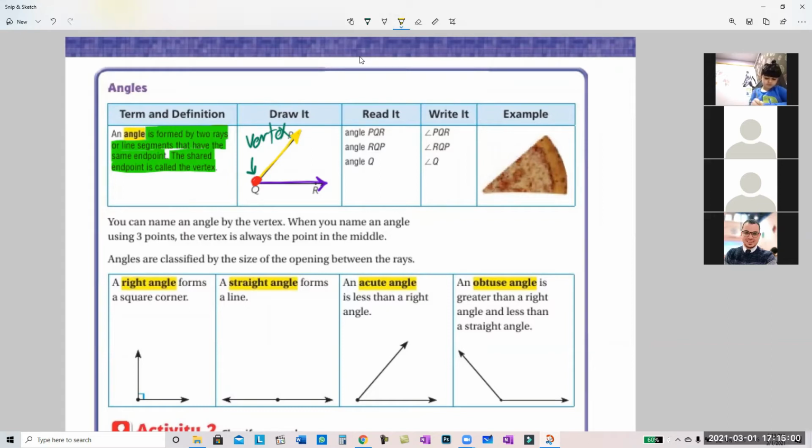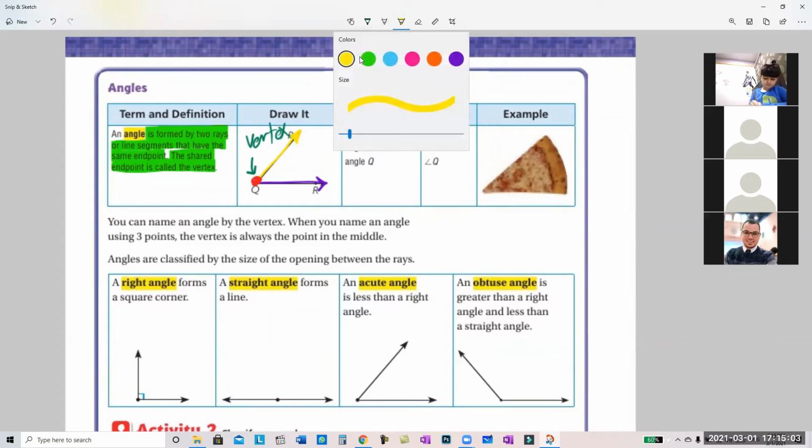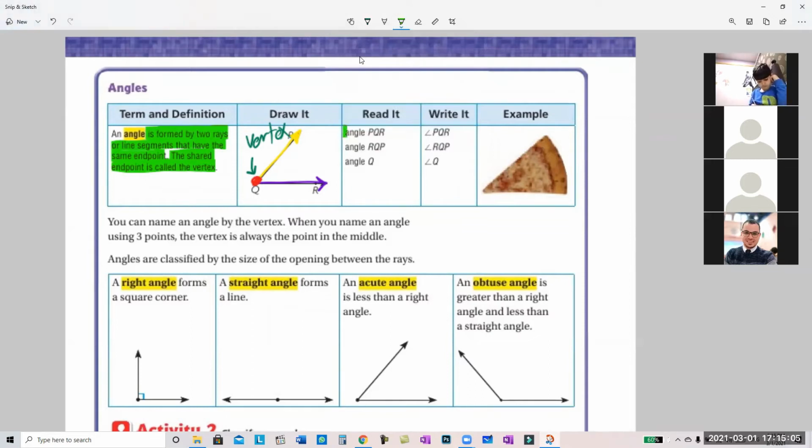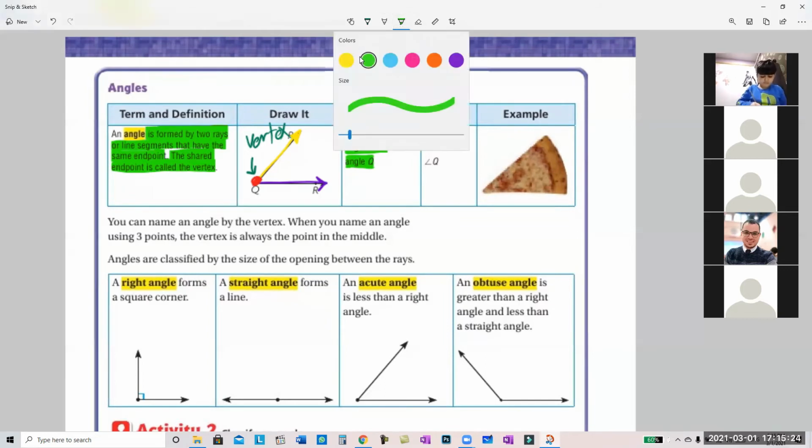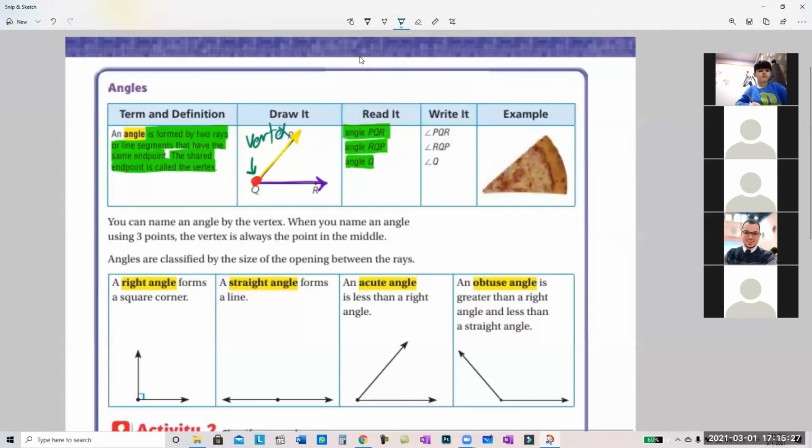So this is called the vertex, and if you want to read it, you can read it as angle BQR, or angle RQP, or we can read it as angle Q. After that, if you want to write it, we can use the angle symbol. This symbol denotes angle.